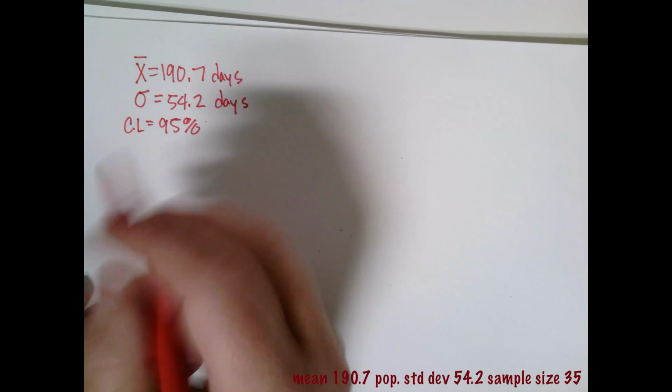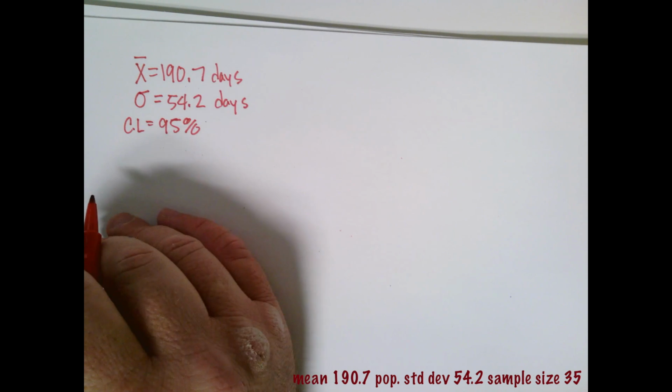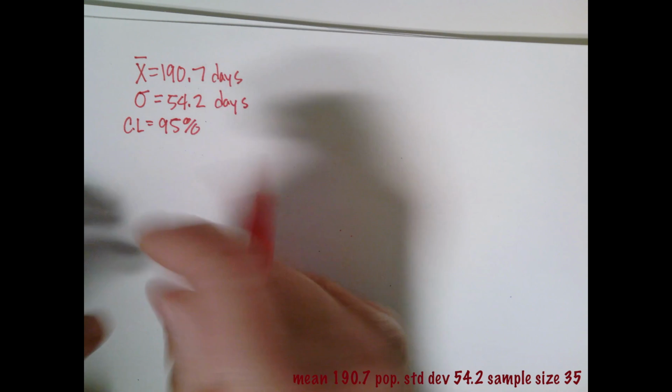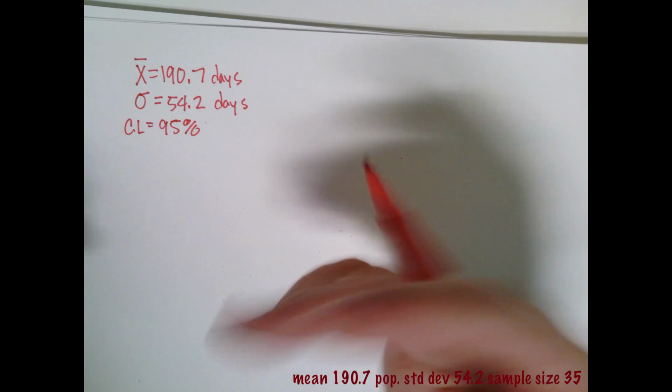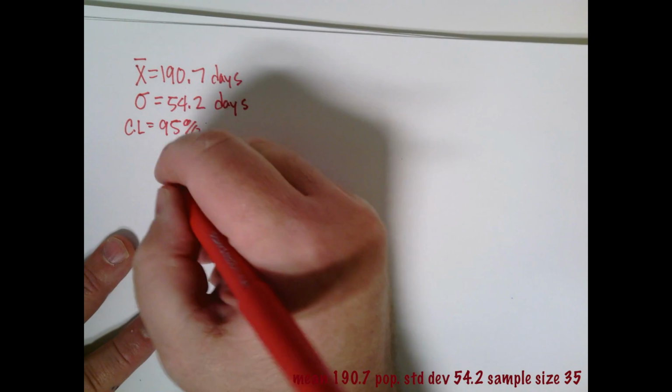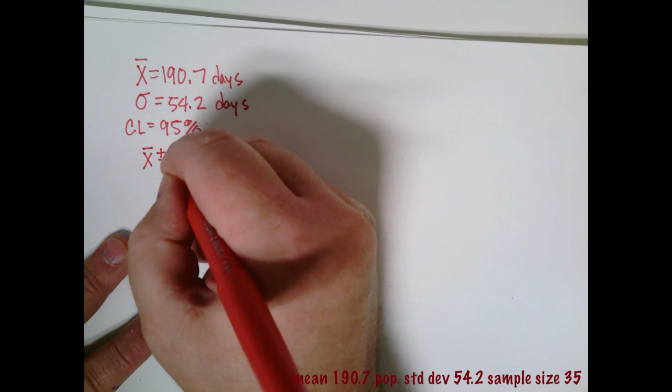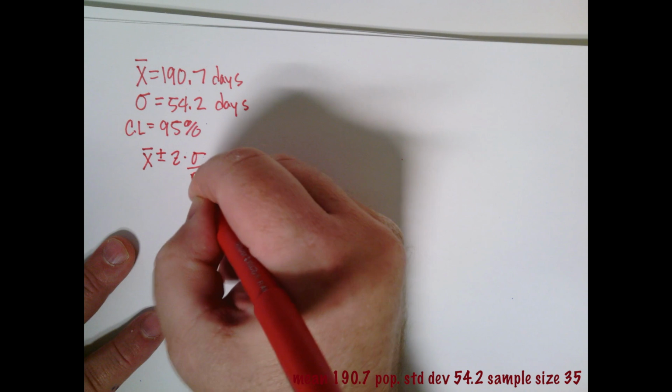So the first question, if we go back to our decision: do I know the standard deviation of the population? The answer is yes. It was right in the problem, and I labeled it with a sigma to indicate so. So that means I'm going to use the formula X bar plus and minus Z times sigma over the square root of n.